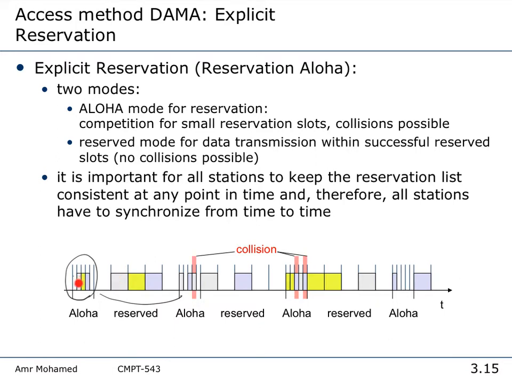If a node accesses the second mini time slot and the transmission is successful, then it will access the second time slot exclusively, and nobody else will access it. If two nodes contend on one time slot and they collide, they won't be able to access the transmission time slot.